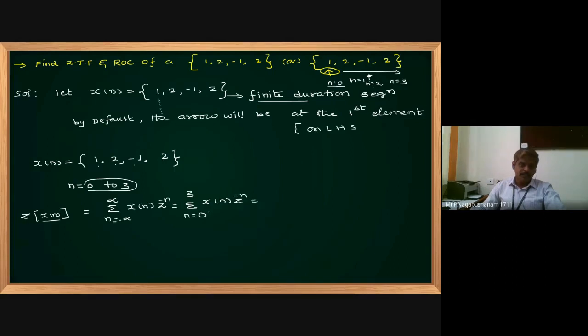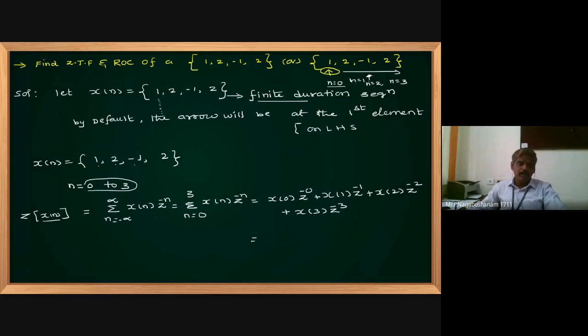If we expand, substituting n equal to 0, x of 0 z power minus 0, plus x of 1 z power minus 1, plus x of 2 z power minus 2, plus x of 3 z power minus 3.